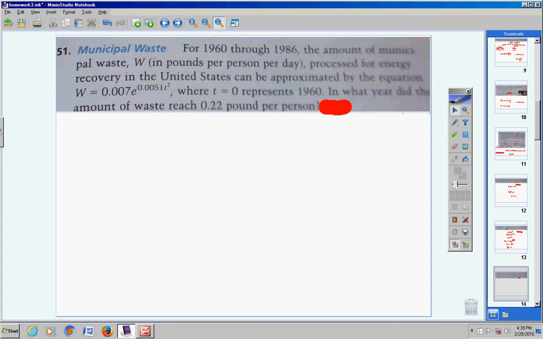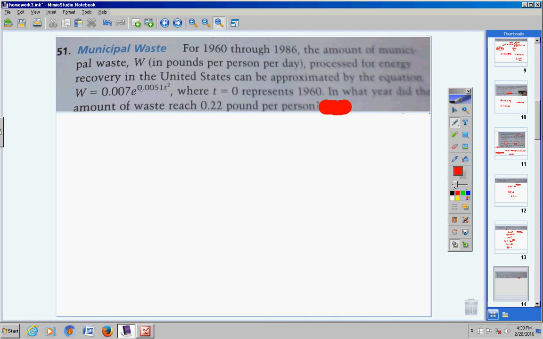For 1960 through 1986, the amount of municipal waste in pounds per person per day processed for energy recovery in the United States can be approximated by this equation, where t equals 0 represents 1960.